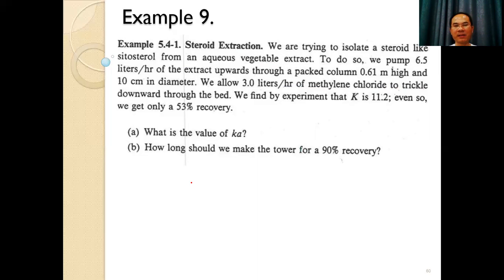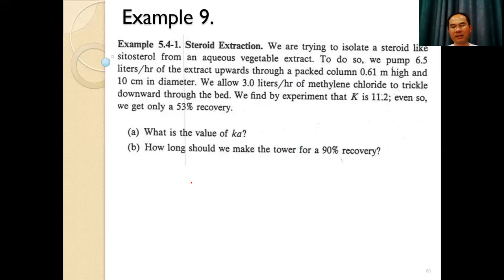We use methylene chloride as the light phase to separate the sitosterol from the vegetable extract. We flow this downward at 3 liters per hour.